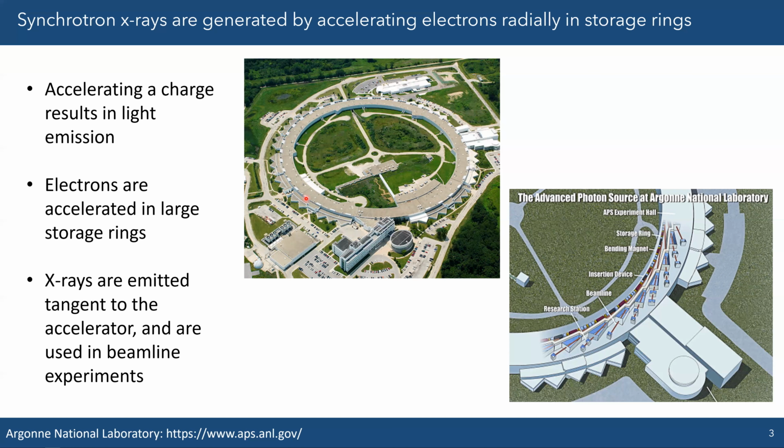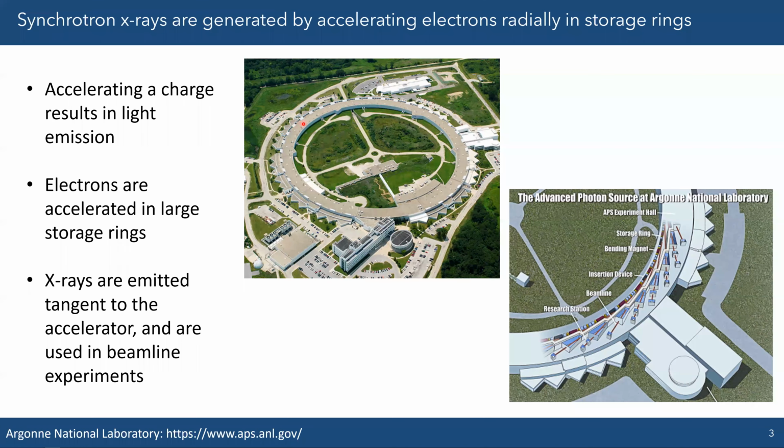So synchrotrons are basically storage rings for electrons, where electrons are being accelerated circularly very fast in a very large ring. This generates X-rays because whenever you accelerate a charge, you result in light emission. In this case, for synchrotrons, that light is X-rays.